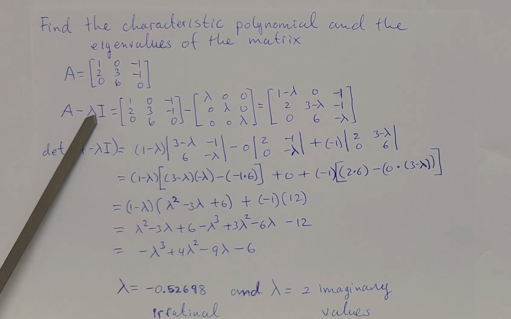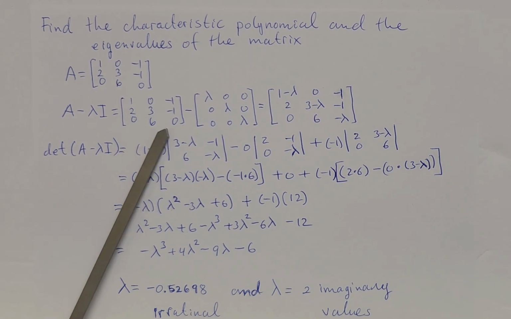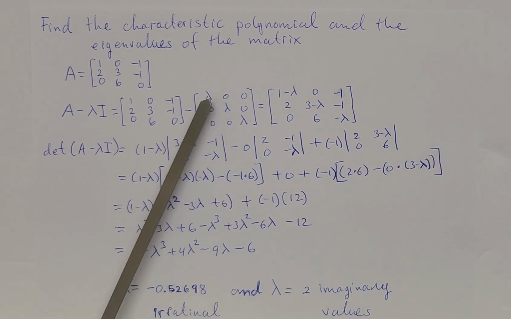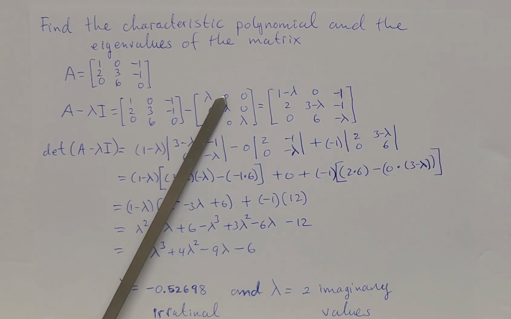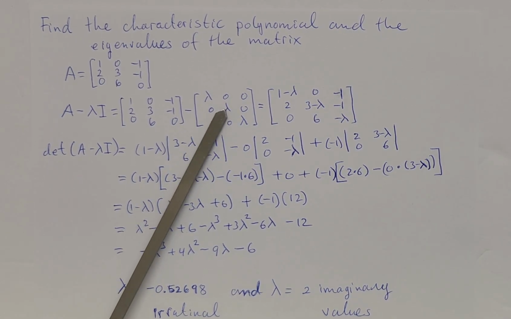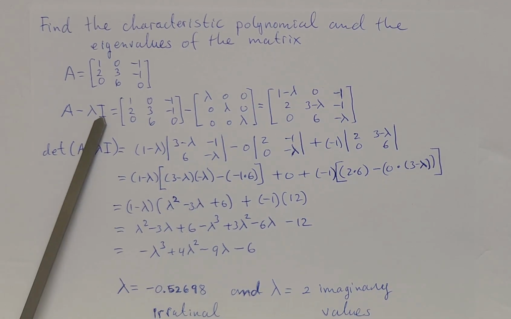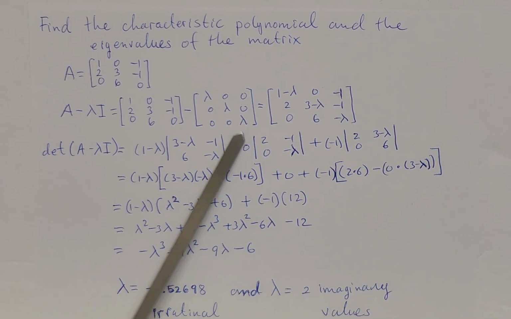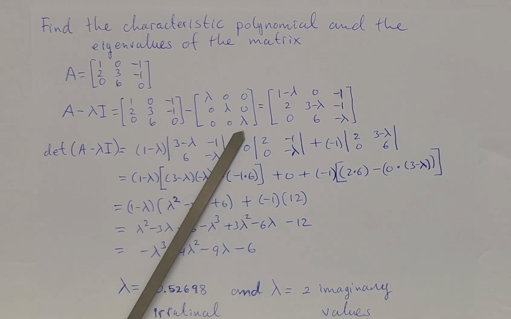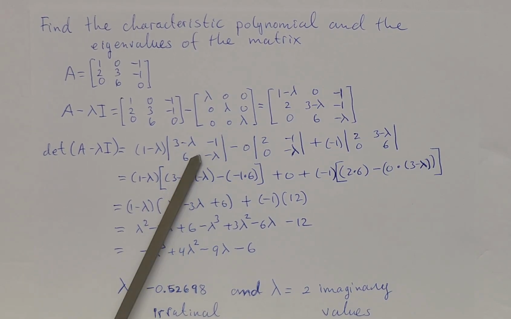I times that identity is just this, okay? And then A subtract this. Again, this is a 3 by 3, so we will use the identity matrix 3 by 3. So 1 0 0, 0 1 0, 0 0 1. And when lambda multiplies I, you just get this only, okay? Where the diagonal is all lambda, and the rest is just 0.